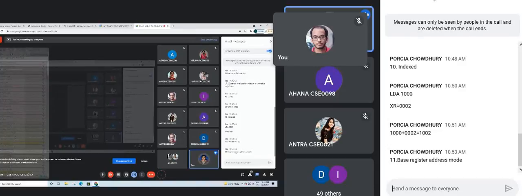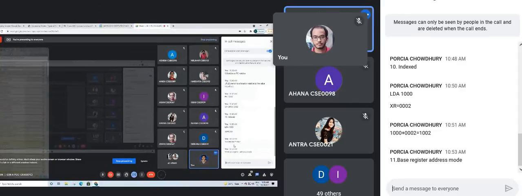At the end, over here it's written, this is for index register. Effective address 1000 plus content of XR equals 1002. So what is the example for index register? This one, LDA 1000, and the value of the index register is 0002. How do you calculate the effective address?